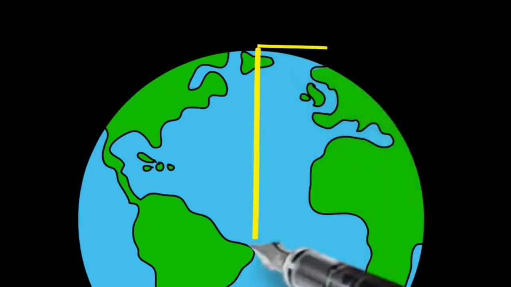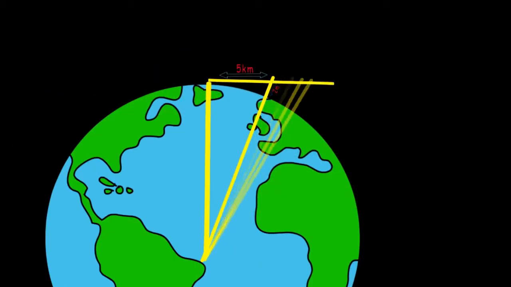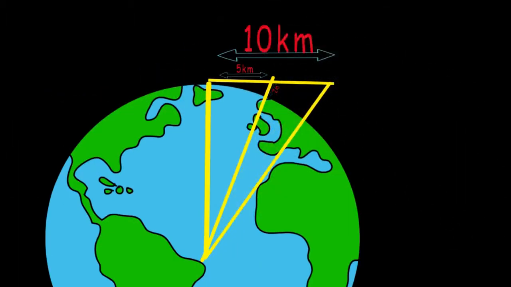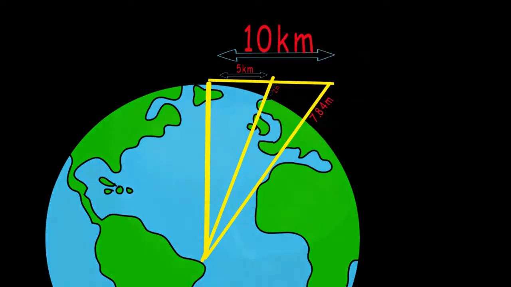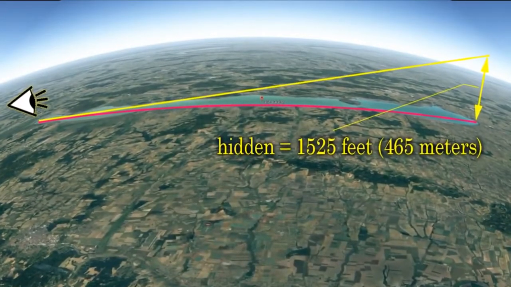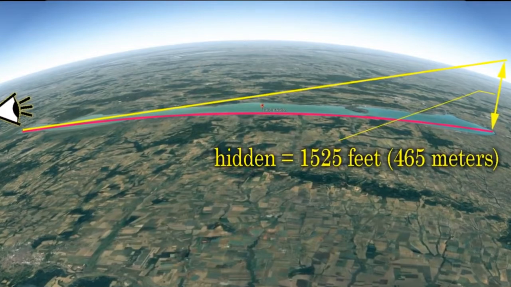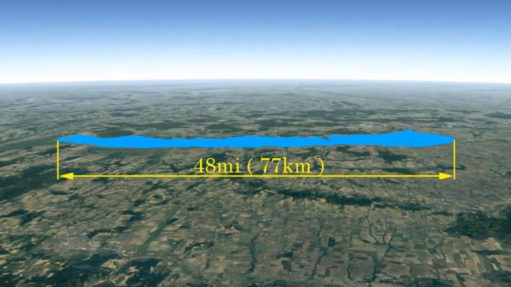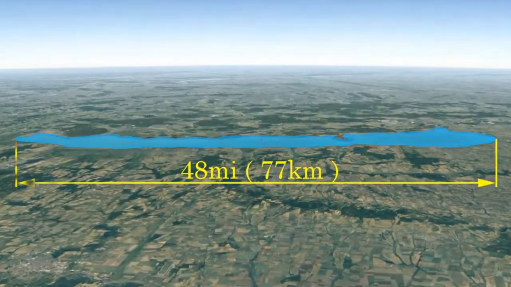In metric units, a 5-kilometer distance should create a 2-meter drop, and a 10-kilometer distance, a 7.84 meter drop. This calculation would give a result of 1,525 feet, or 465 meters, on the total distance of 48 miles, which is 77 kilometers, over Lake Balaton.